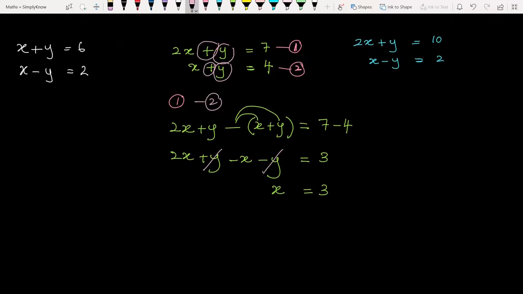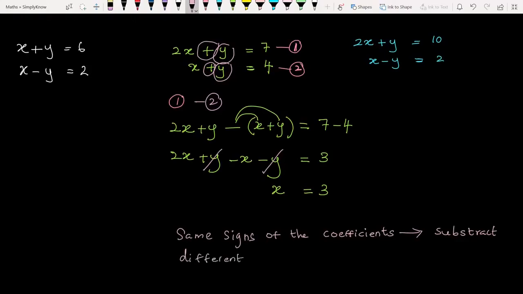So let me write this. If we see same signs of the coefficients, we need to subtract. And on the other hand, if we see different signs of the coefficients, we need to add the two equations.